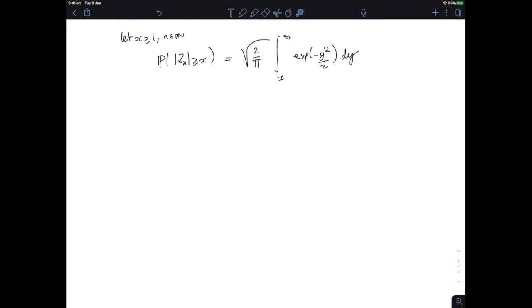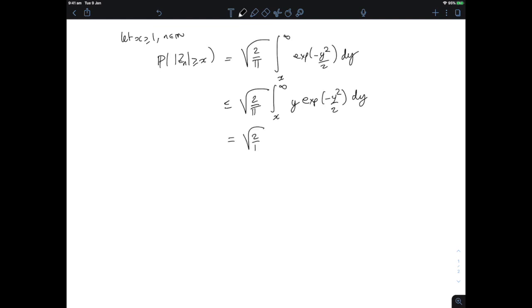You have this problem always that there's no antiderivative of this function in closed form, but you can make a rough estimate. All we need is sufficient decay in x, and that's why I've taken my x greater or equal to 1, such that I can multiply by y, which is greater than x and therefore greater than 1, in order to obtain here something that has an antiderivative in closed form, which is exponential minus x squared over 2.